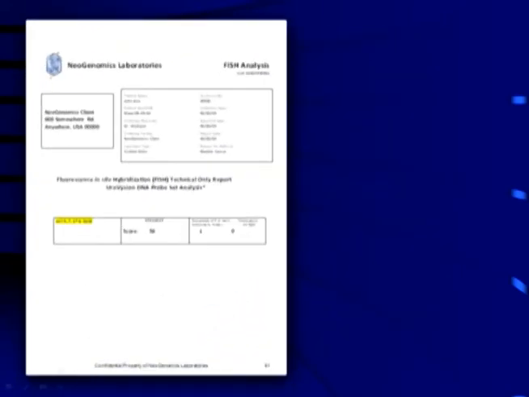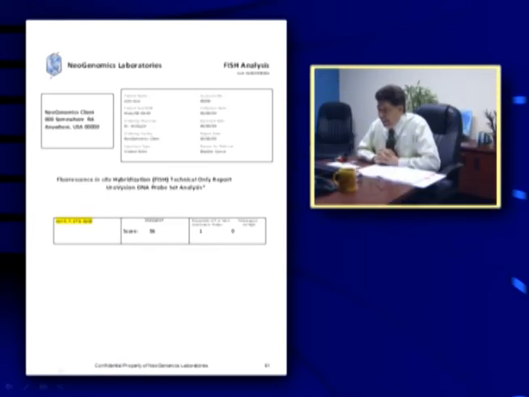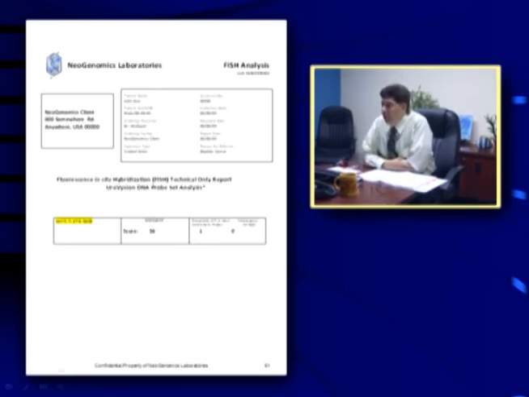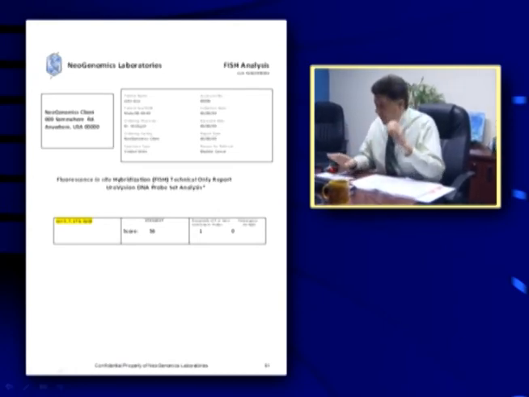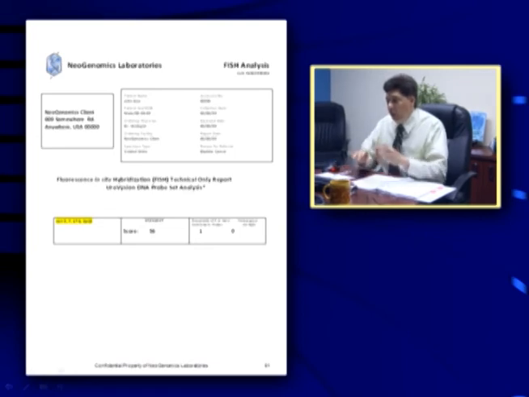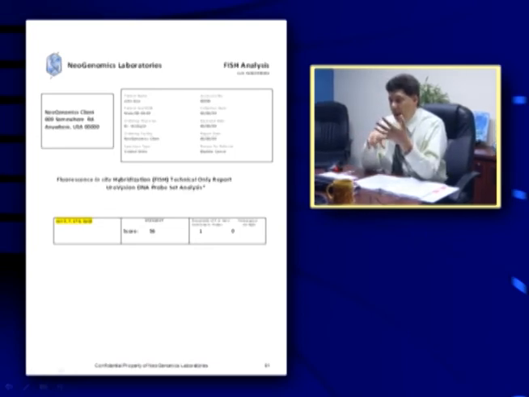Without even looking at the photographs and just looking at this data sheet, this is a tech-only worksheet, and the tech-only worksheets will come with the photographs when you go onto your secure website and call up your cases. When you log on with your username and password, you will see folders that say HER2/neu, UroVysion, and HemeFish.